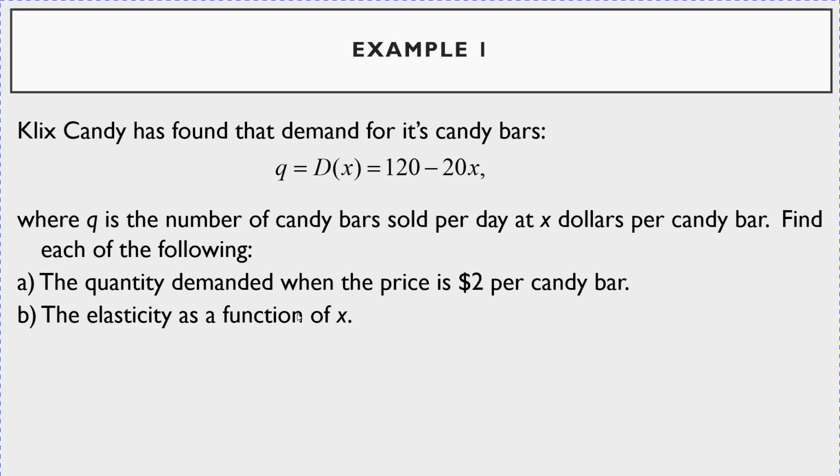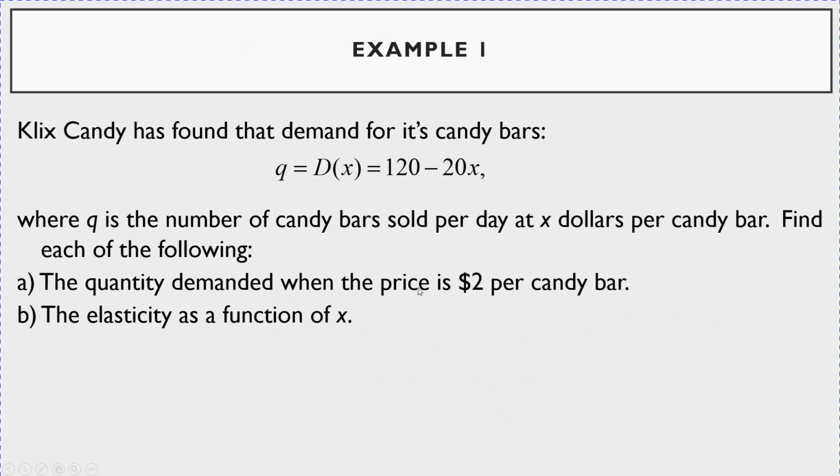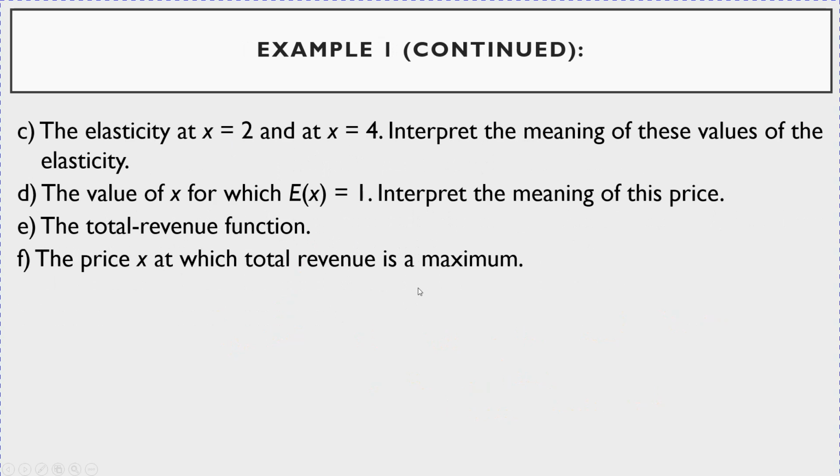So we want to find all the following. The first one, pretty easy: we want to find the quantity demanded when the price is $2 per candy bar. The next one, B, is we want to find the elasticity as a function of x. Then part C, we want to find the elasticity when x is equal to 2 and when x is equal to 4, and interpret the meaning of these values of the elasticity.